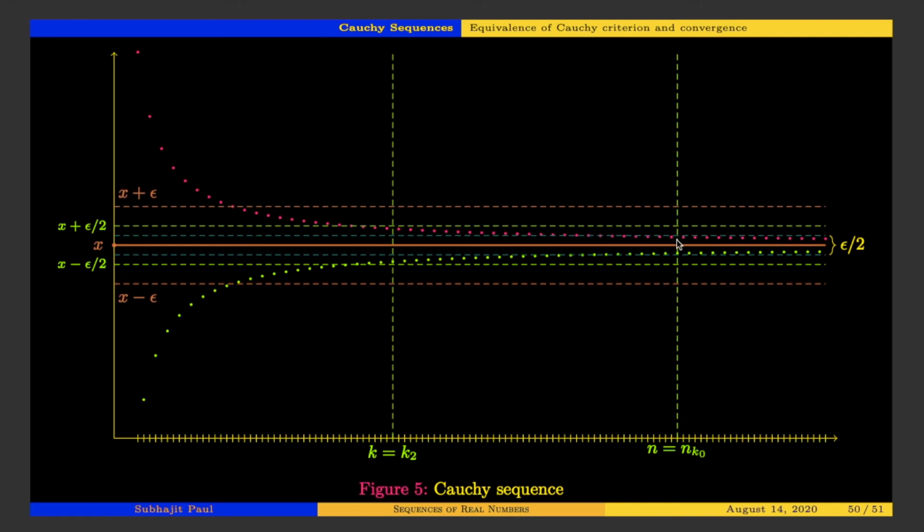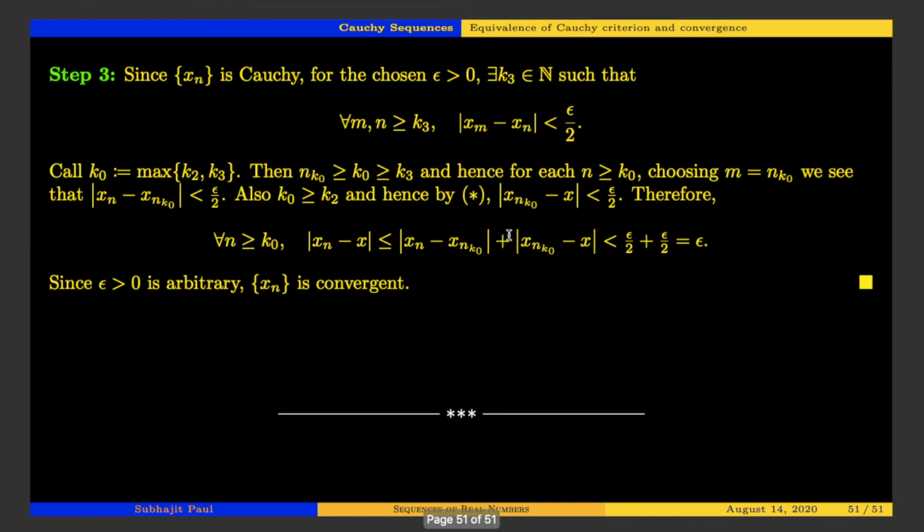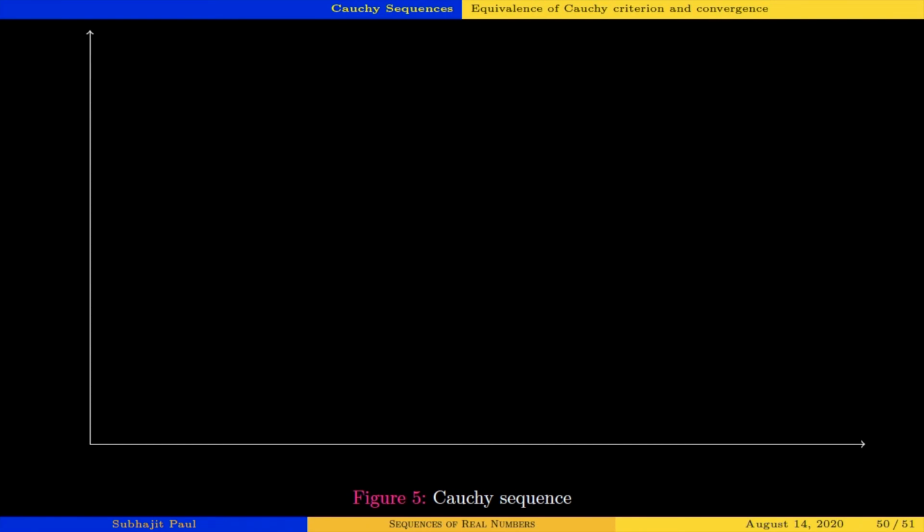The other part is also getting close to this limit as well. That is my K3. After K3, the Cauchiness kicks in, and then each term after that is close to x. Now let's see the animation.